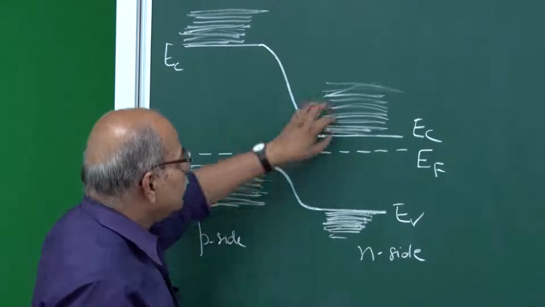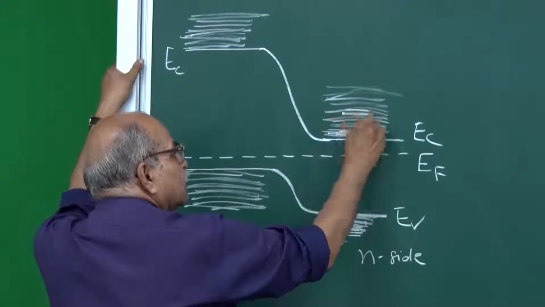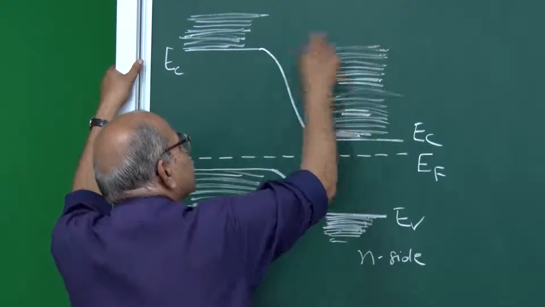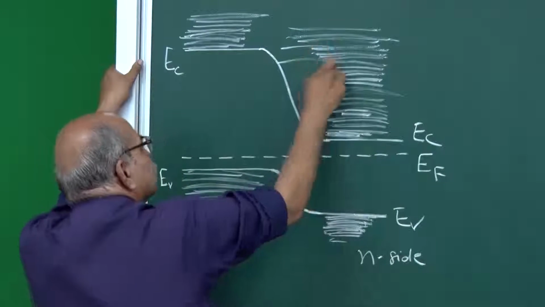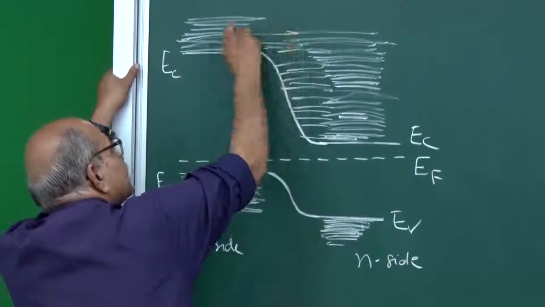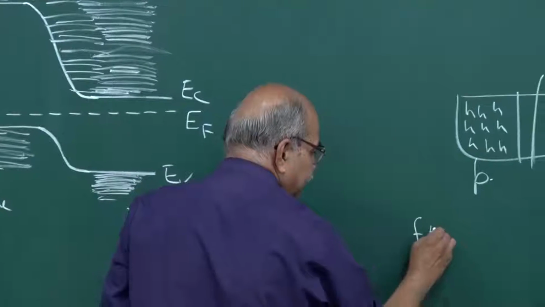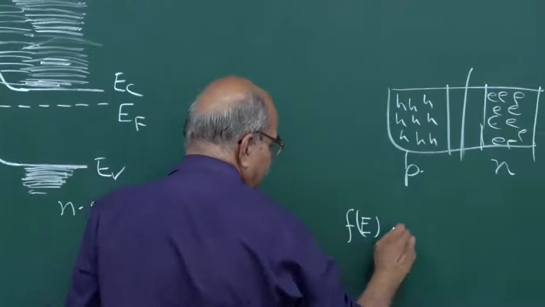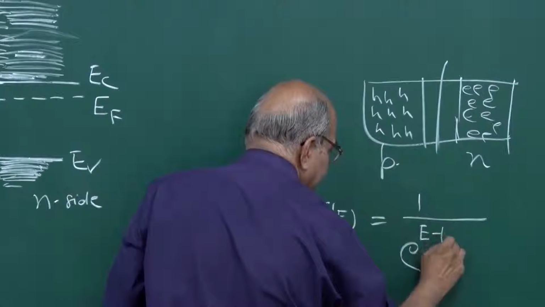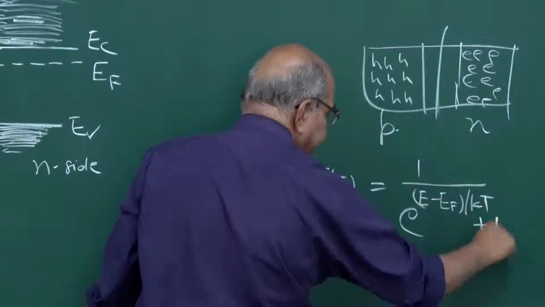Now, how many electrons are here in these quantum states? How many are in these quantum states? And so on. For that, once again, you have to go to this Fermi energy. This Fermi energy tells you that you have a Fermi function, Fe, which is 1 over e to the power (E minus Ef) over kT, plus 1.